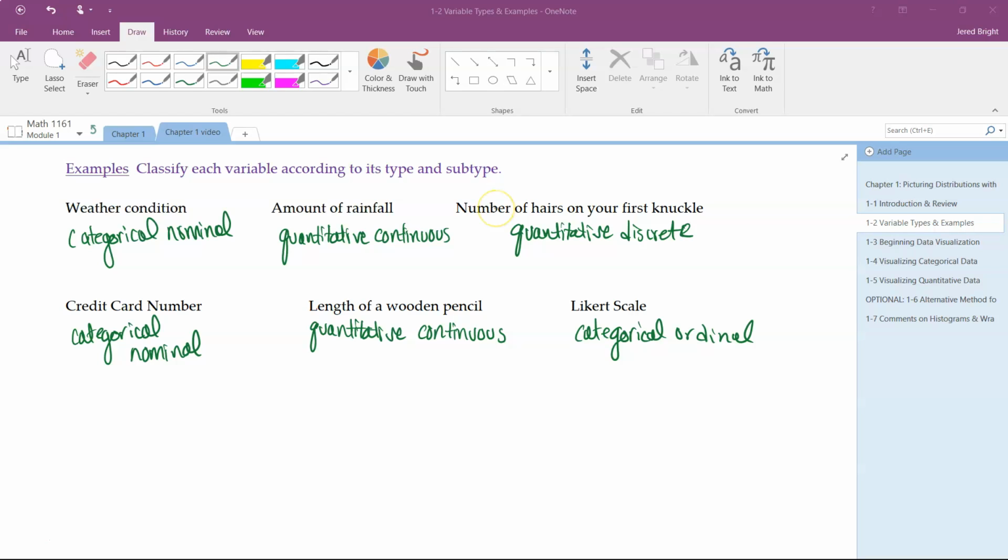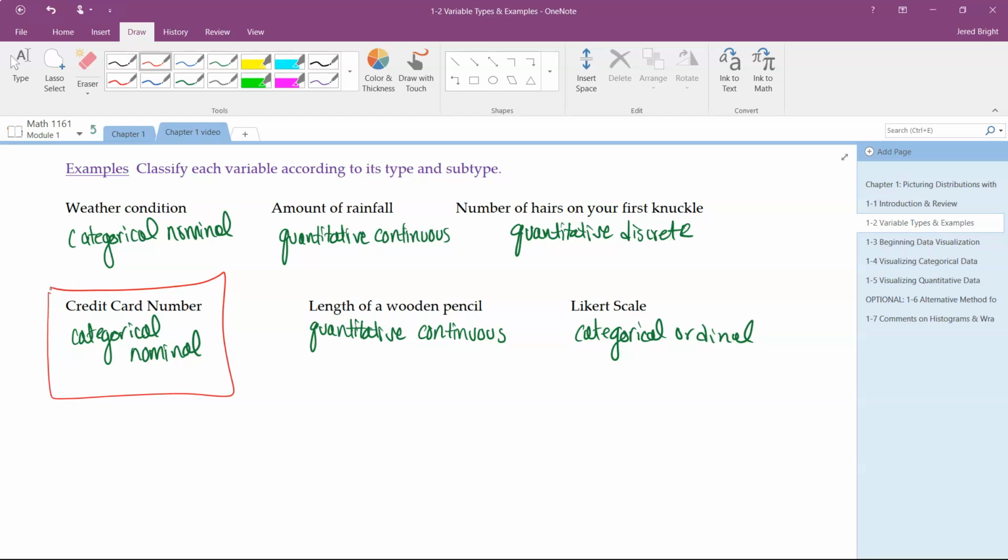Number of hairs on your first knuckle, quantitative, mathematical difference makes sense, and then discrete because you can sit there and count them if you really wanted to. Credit card number. This is the one that I expect many of you maybe got incorrect. If you take the mathematical difference between two credit card numbers, does that make sense?